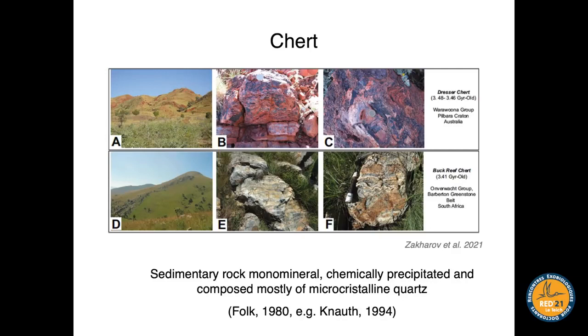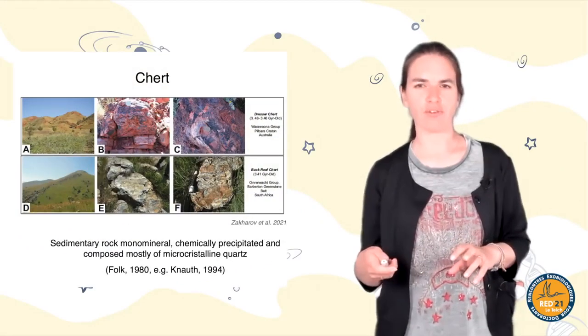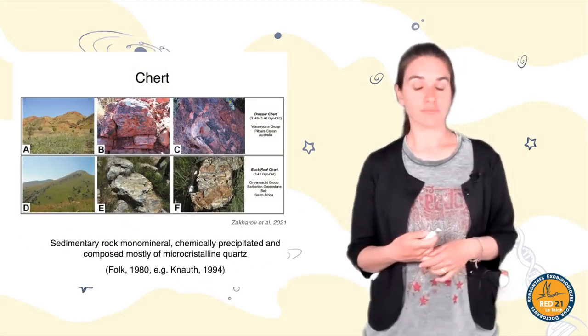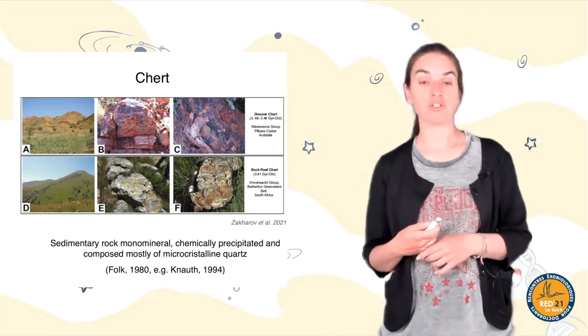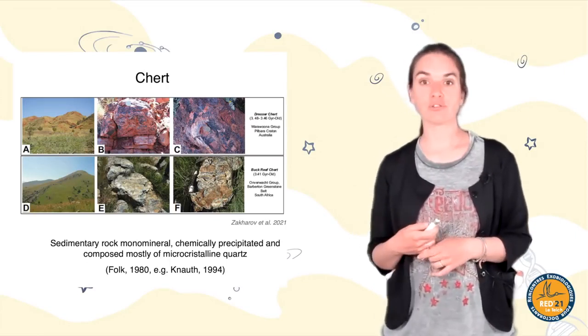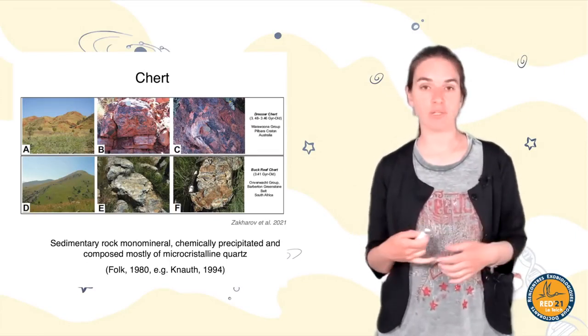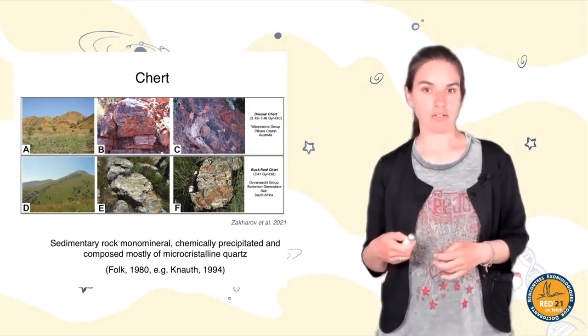You can see the outcrop picture of these rocks that can be reddish or brown due to trace elements inside. And the other example is from the Buck Reef in South Africa. So we can use the oxygen composition of chert to reconstruct the temperature, and that has been done for many decades now.